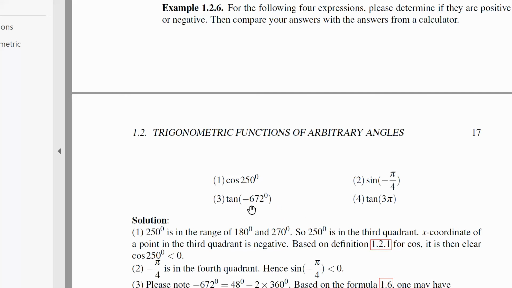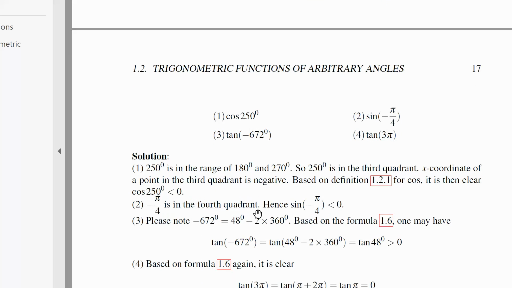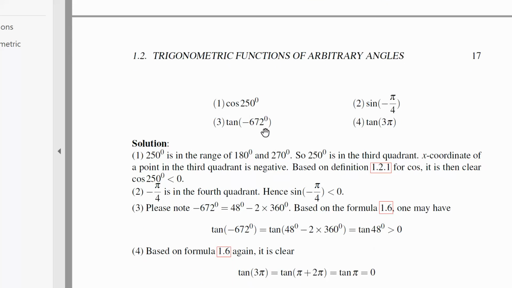Now, here is question 3. Question 3 is tangent of negative 672 degrees. Negative 672 degrees is 48 degrees minus 2 times 360 degrees.